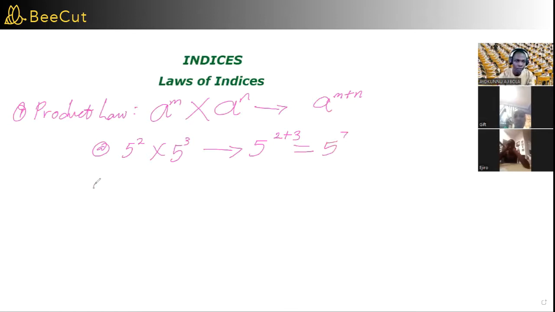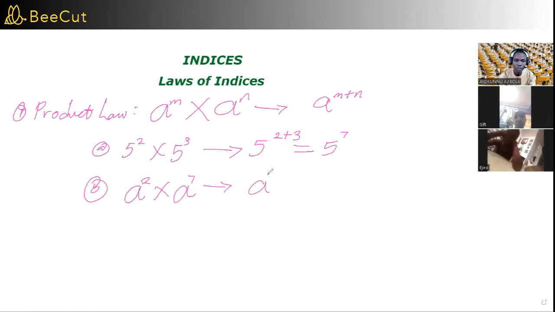Or let's assume you have A raised to power 2 times A raised to power 7. This is going to be A raised to power 2 plus 7, and that will be A raised to power 9.